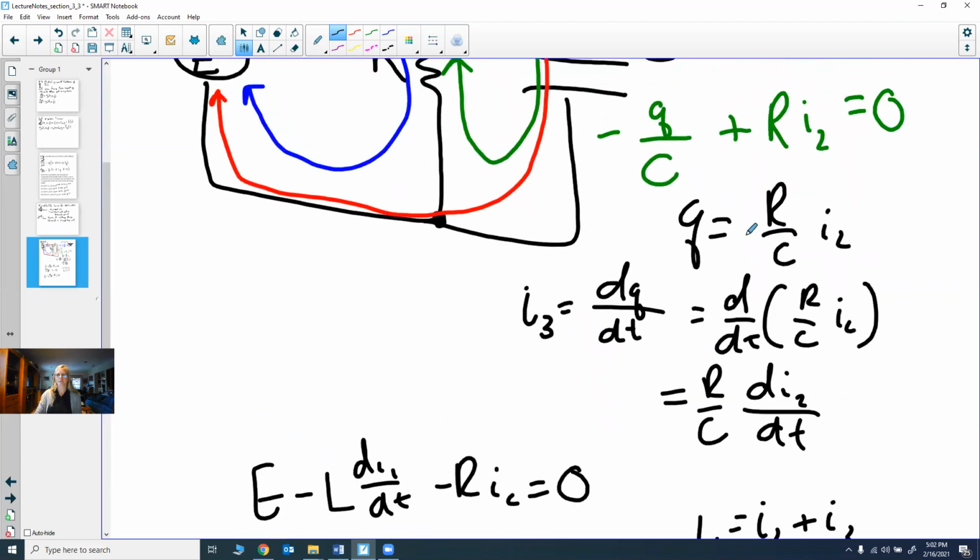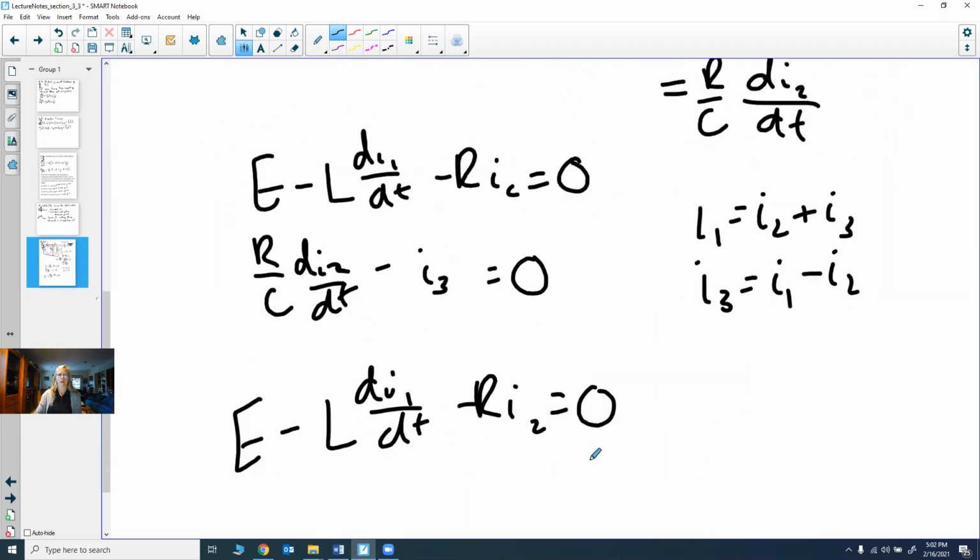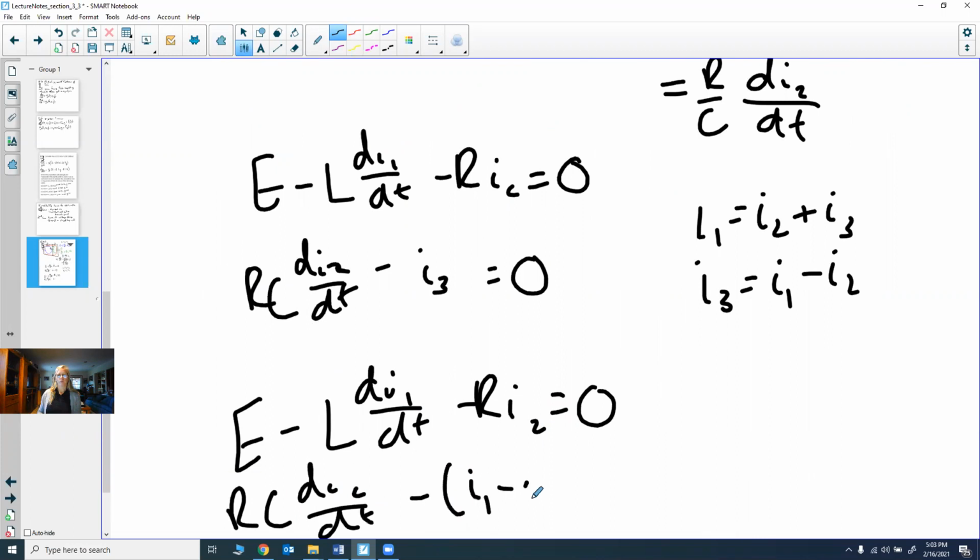That wasn't R over C. That was R times C. I didn't notice I had made that mistake because we had to multiply both sides by C. So this is R times C. We'll fix this. Sorry about that. So the other equation we have is RC di2 dt minus I1 minus I2 equals 0.